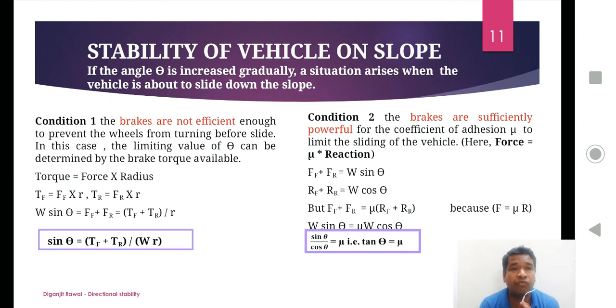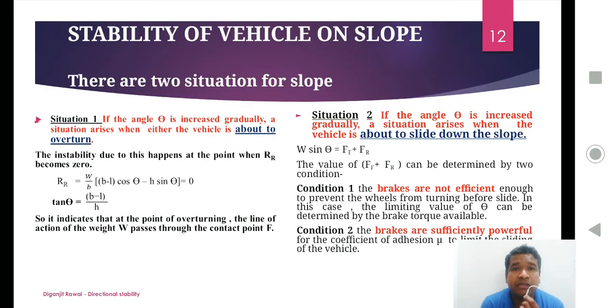Next, here there are two situations for slope. Situation 1 is theta increased gradually, about to overturn, and situation 2 is theta increased gradually, about to slide down the slope.